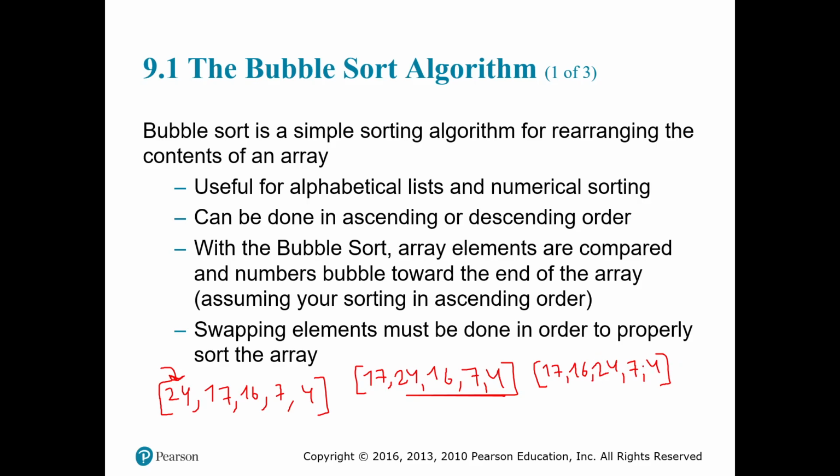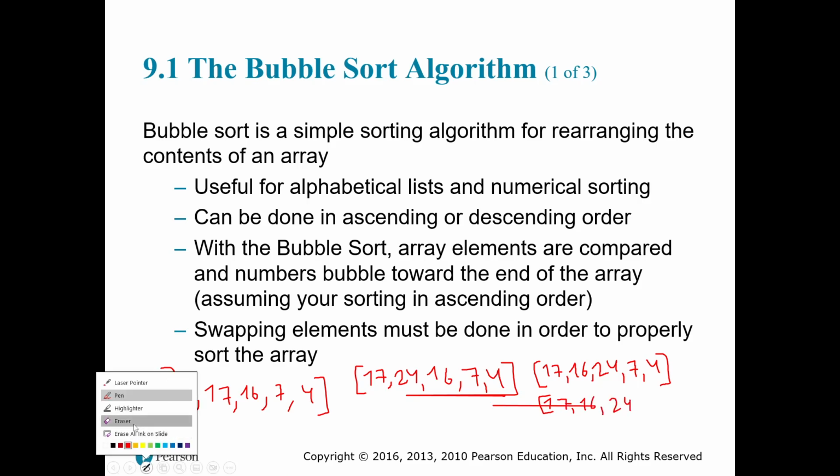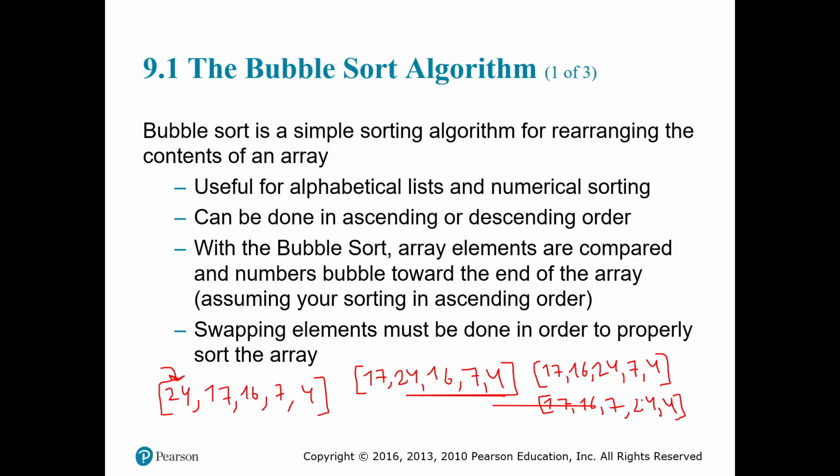Okay, so let's compare it with the 7. 24 is greater than 7. Then we move it again: 17, 16, 7, 24, 4, because we swapped them. Okay, we're almost there.